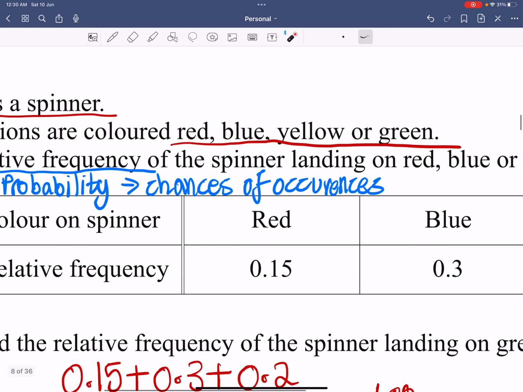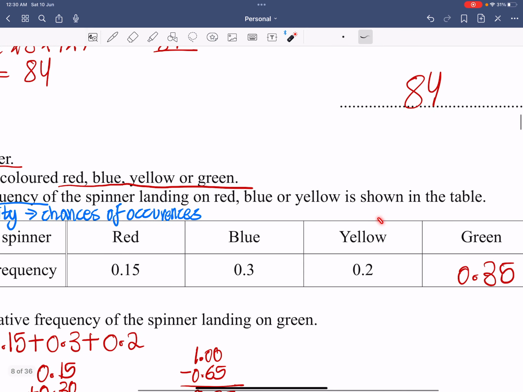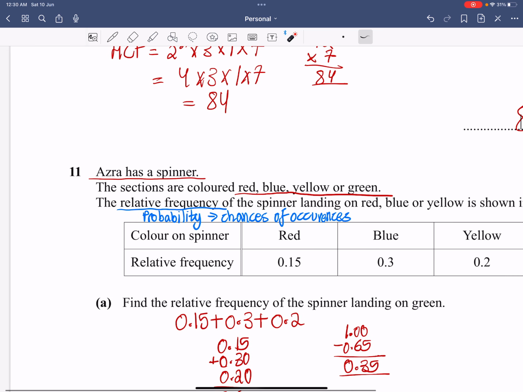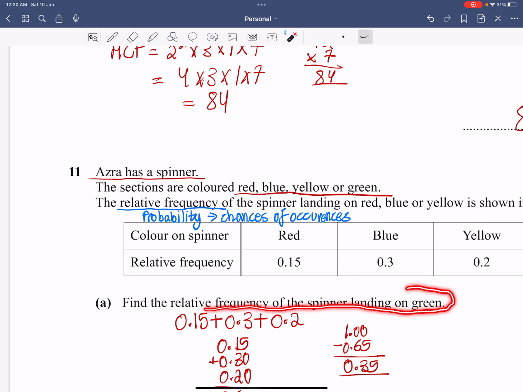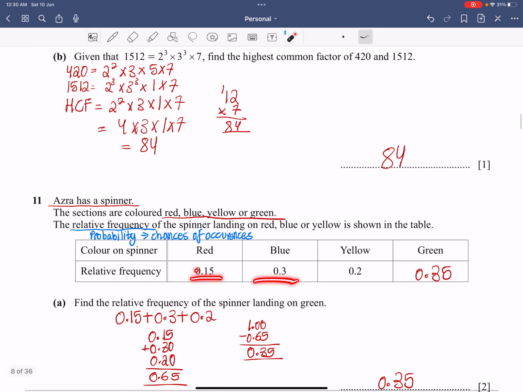So the color red has a relative frequency of 0.15, the blue has a relative frequency of 0.3, yellow 0.2, and now they're telling us to find the relative frequency of the spinner landing on green. So now if you observe, this is given, this is given, this is given, and the only color left is green, and we don't know the relative frequency of green.